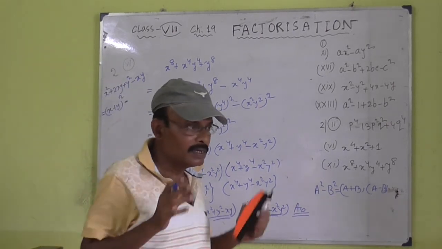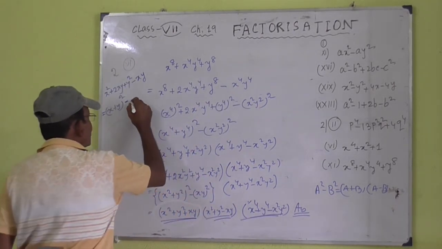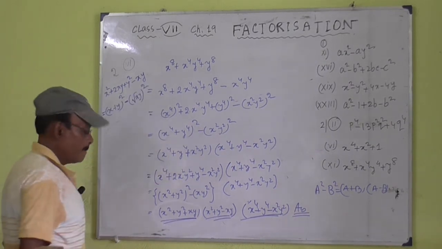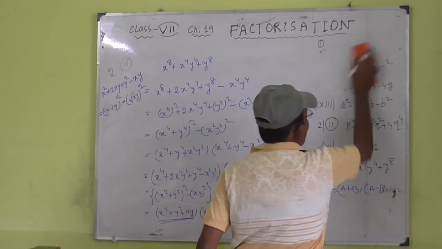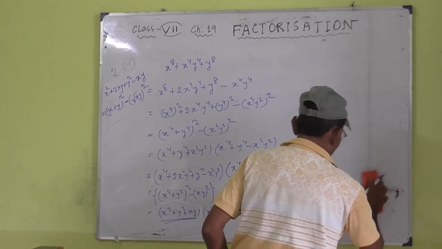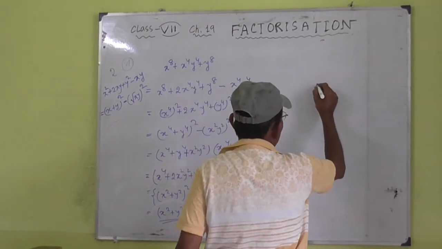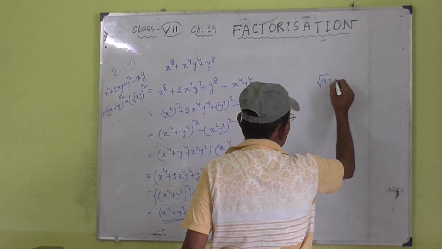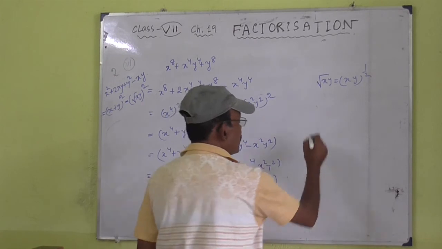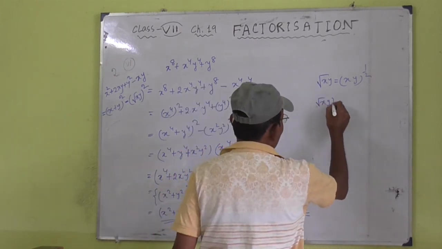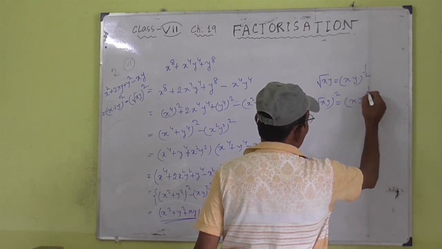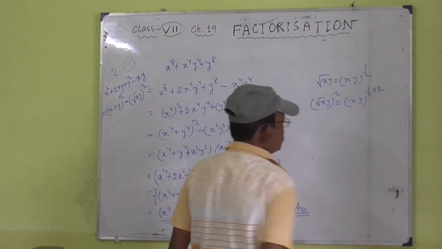xy be root xy whole square. But why? In the chapter of index, root xy be xy whole to the power half. Okay. Root xy whole square be xy whole to the power half into 2.